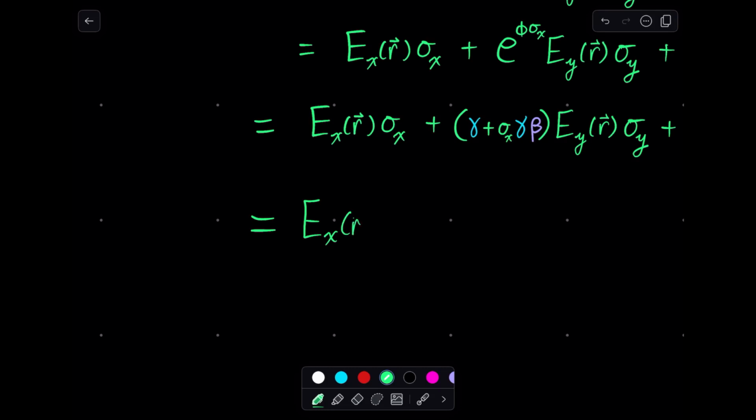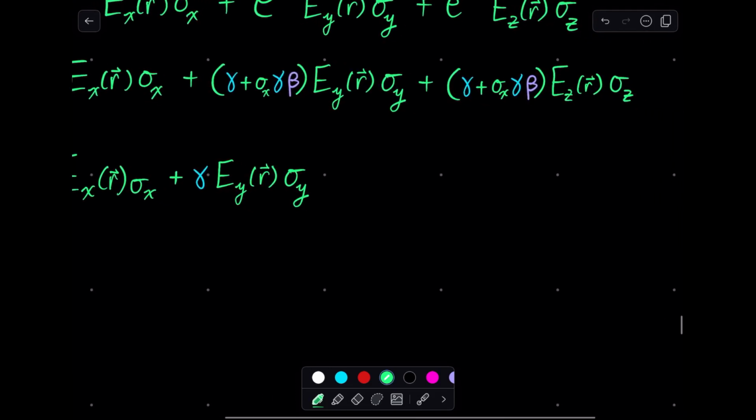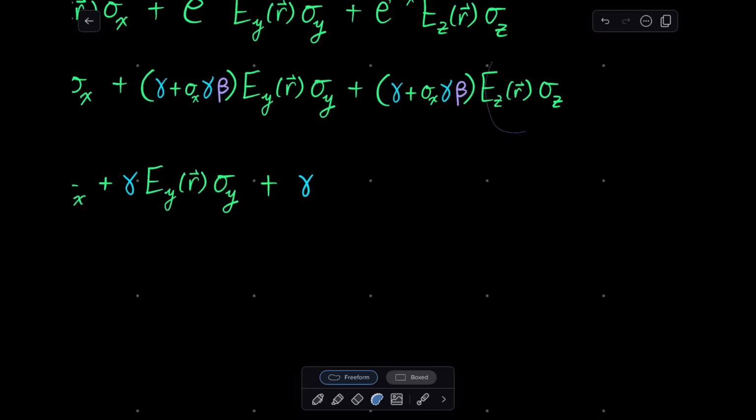X r sigma x plus gamma, and this is just the y component, plus gamma, and then this right here.